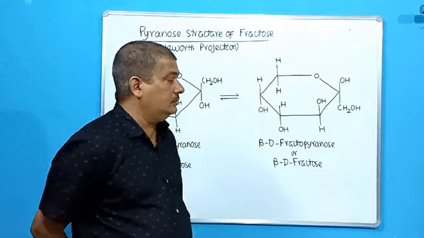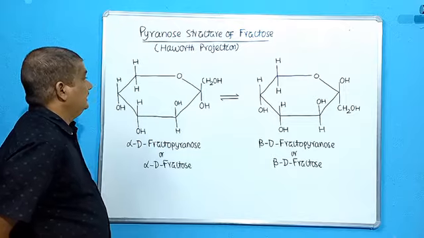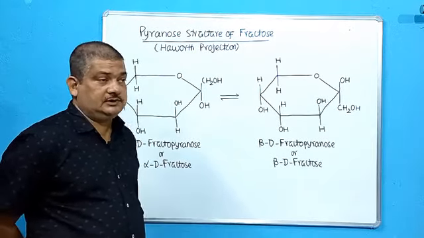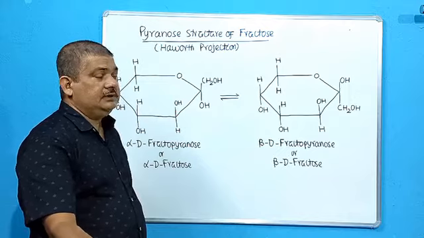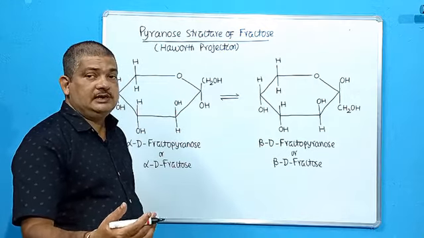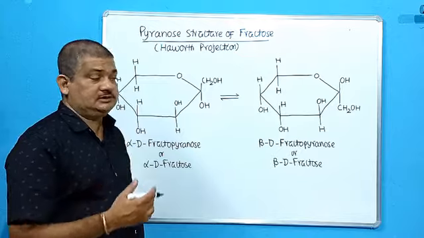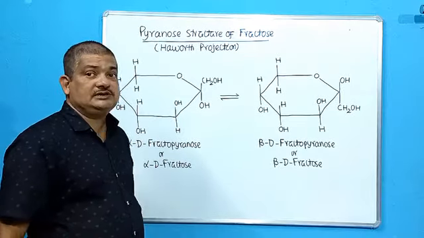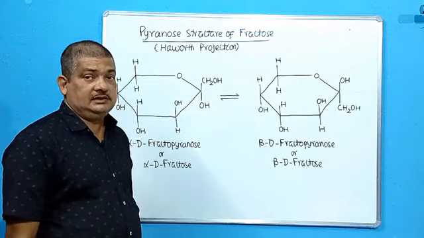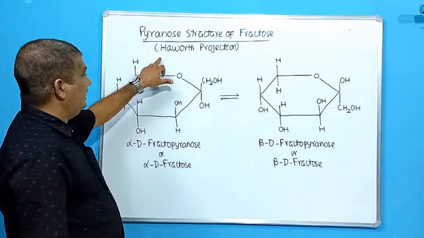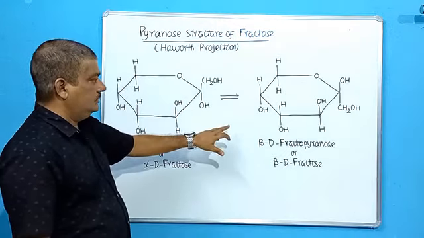So next, students, as I told you, we'll discuss the pyranose structure of fructose. Two types of ring structures are possible. In the previous one we discussed the 5-membered ring structure, which resembles furan, so it's called the furanose structure. And now a 6-membered ring structure, which resembles pyran, so it's called the pyranose structure. I have drawn the Haworth projection for these two.